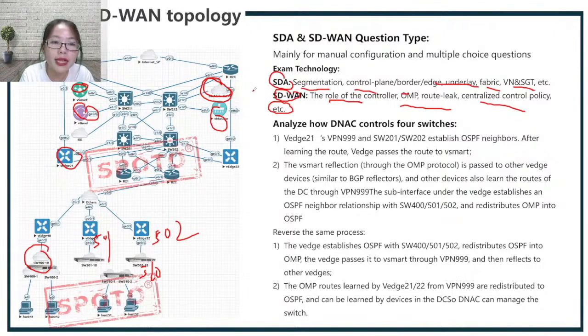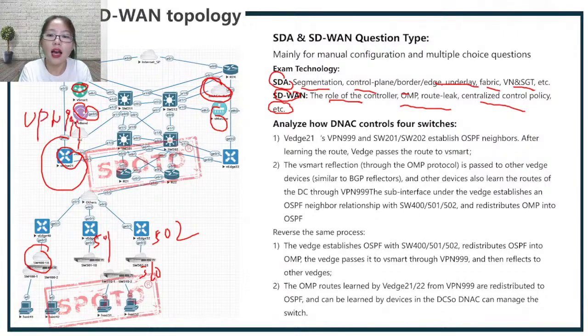For example, we can see the vHub21 in site 21. vHub21 has a VPN 999 and it needs to establish OSPF neighbors with 201 and 202.